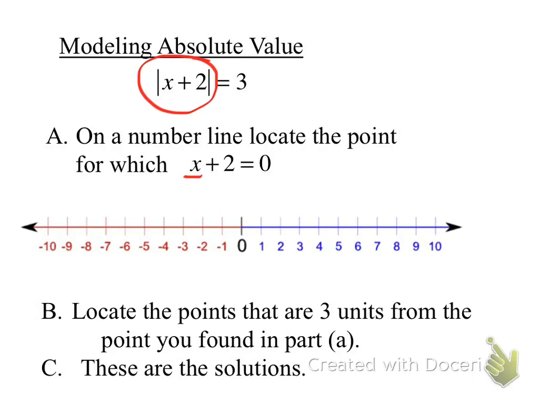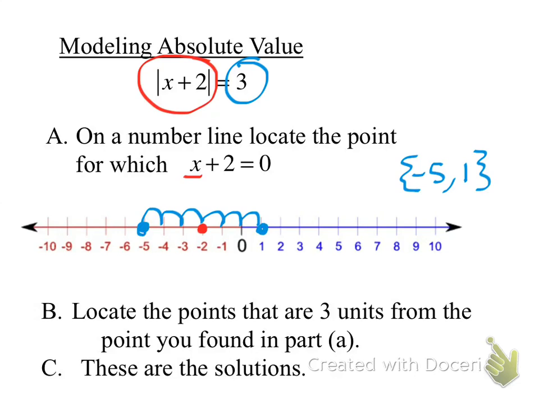So that's going to be my midpoint. -2 is my midpoint. Now I take the second part and I'm going to move 3 units in both directions from the midpoint. 1, 2, 3. That is one of my solutions. And 1, 2, 3. This is one of my solutions. So I have 2 solutions and they are -5 and 1.